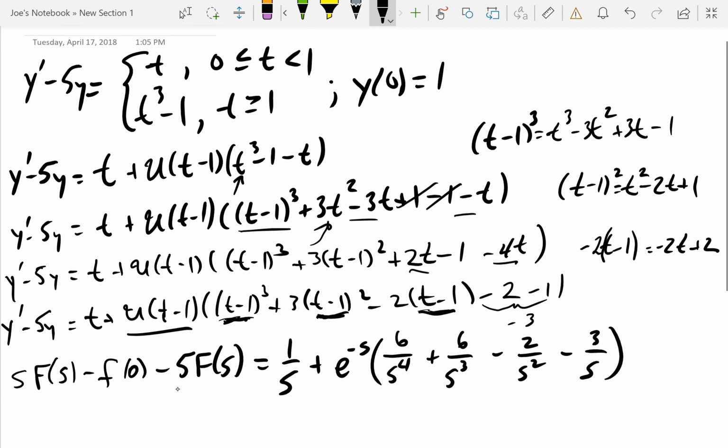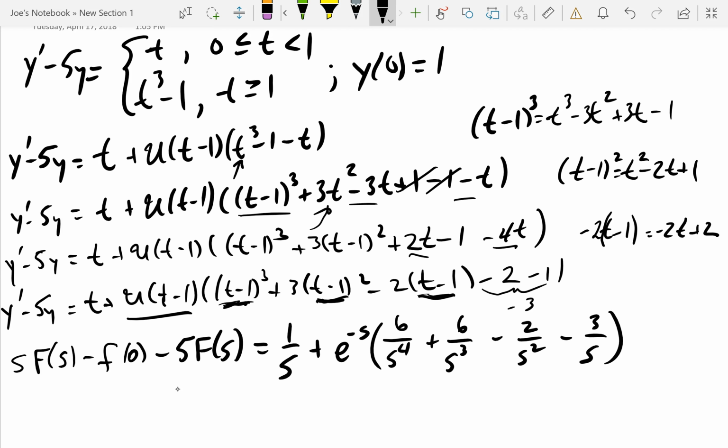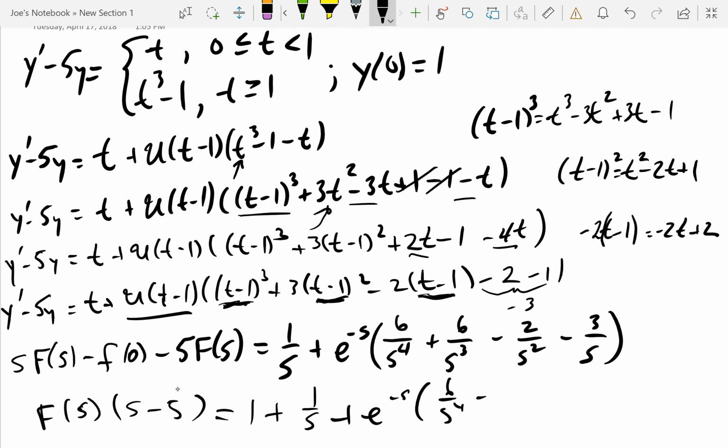All right. We know that f of 0 is 1, so I need to add it to the other side. We'll factor off the coefficients on the f of s, add the 1 over, and just rewrite the end of this thing. We're not too worried about doing any simplifying here because we're just going to let GeoGebra do the heavy lifting on the inverse transform.